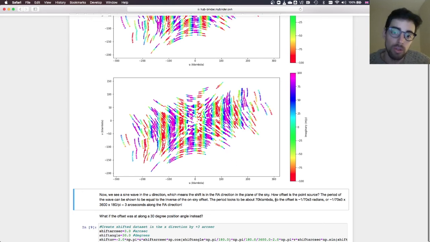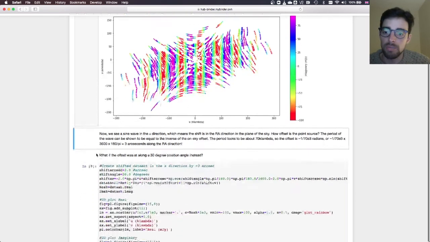The point source is offset by 1 over this period, so 1 over 70 E3 in radians, or if you turn it into arcseconds, about 3 arcseconds, and as we said, along the RA direction. That is indeed the offset that I've inserted.